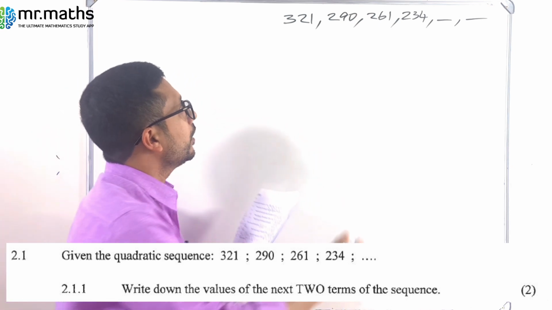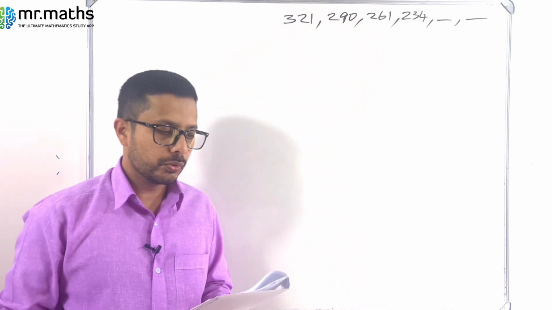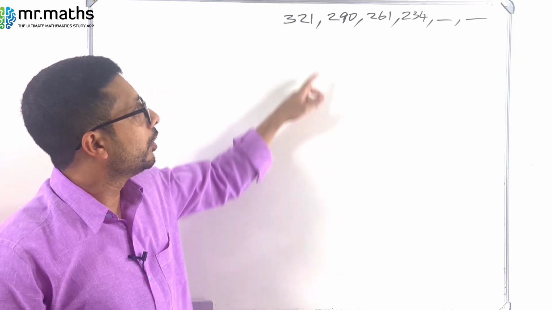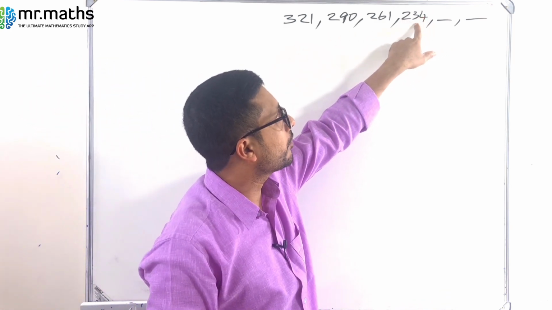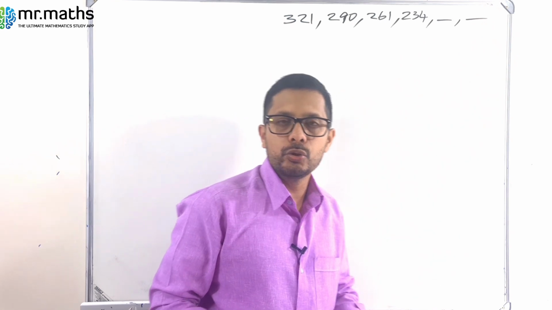Am I right? Okay, now what is the first question? Write down the values of the next two terms. That means you have to find, after these 234, what are the next two terms. That is the first question.